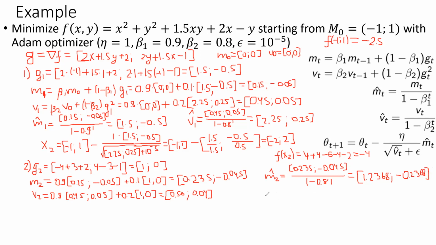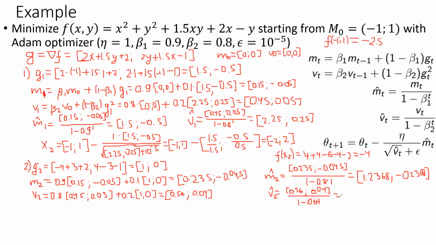So let's now calculate V2 hat, which will be our V2, 0.56, 0.04, divided by 1 minus 0.8 squared, which will be 0.36.